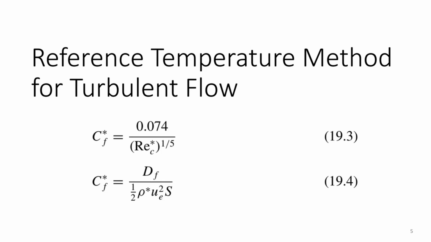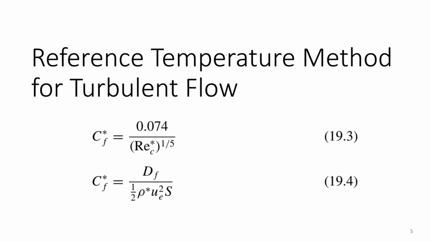Reference temperature method. We did not touch this reference temperature method in laminar regime, but I think we can discuss it here, and for laminar regime it's very similar. What is the reference temperature method? It is an approach to take into account compressibility effects using simple equations.